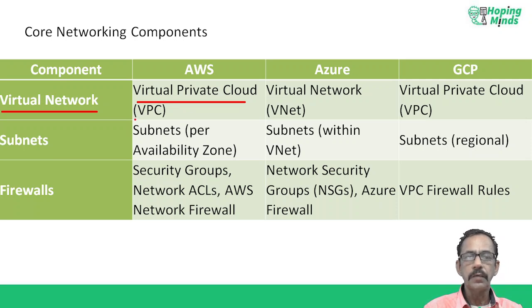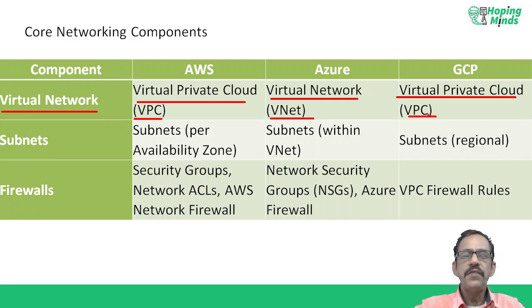We need to configure one VPC first. In case of Azure, it's called VNet. And in case of GCP, it's again called Virtual Private Cloud, VPC. So it is the very first component of the networking that we need to configure when we are creating some resources in the cloud.